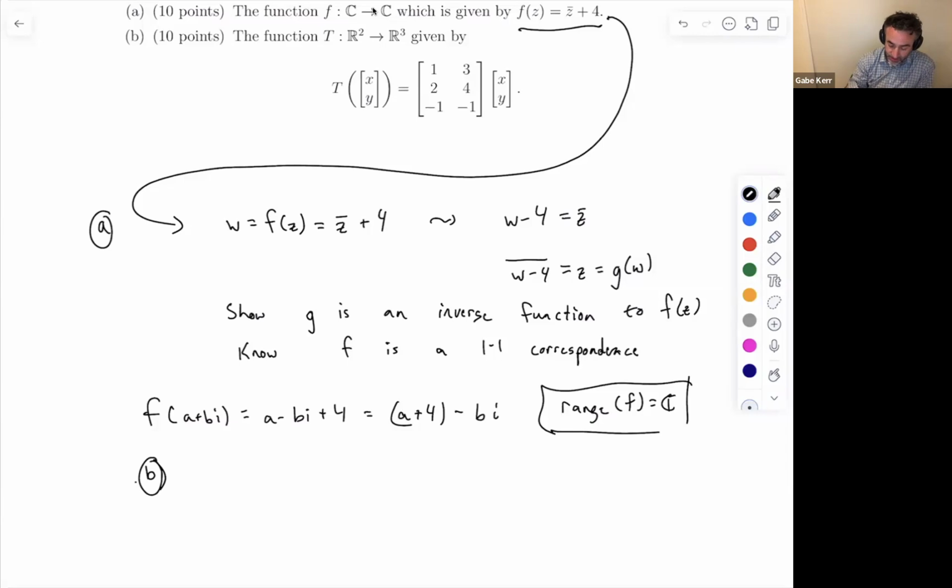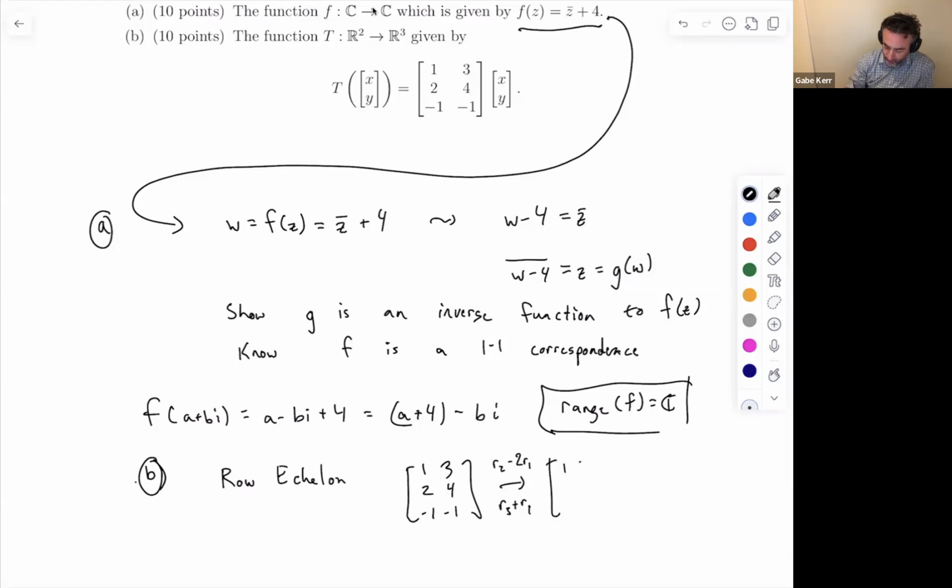You can take this matrix and do row echelon form. You can do something like R2 minus 2 R1, R3 plus R1.